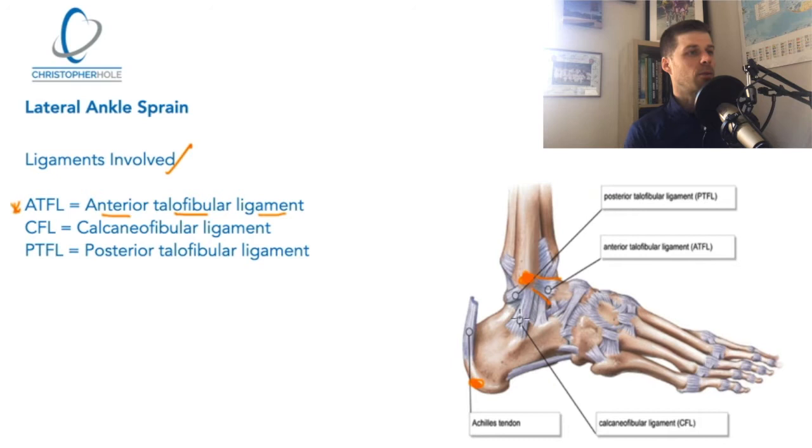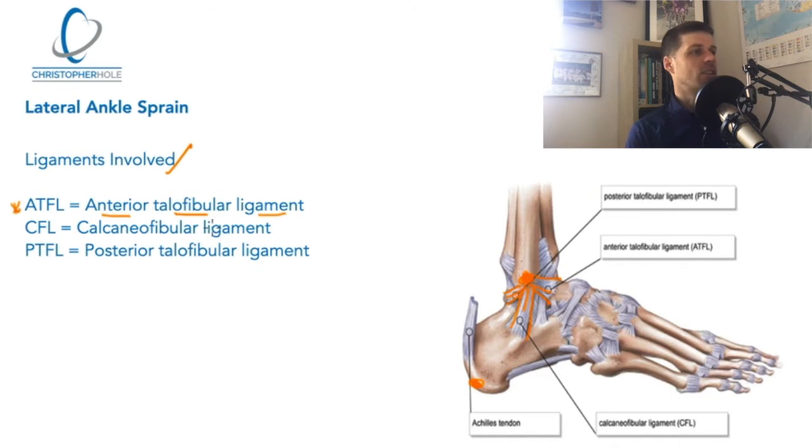So we're talking about these three main ligaments on the outside of the ankle. The second one is the CFL, the calcaneofibular ligament, which is this one here. And then you've got the posterior talofibular ligament, which is the one on the back here.